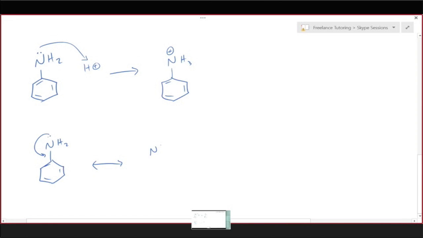So in there. That would leave negative charges throughout the ring. And perhaps, actually, it looks like this would be an ortho-para director for the benzene to act as a nucleophile or base.